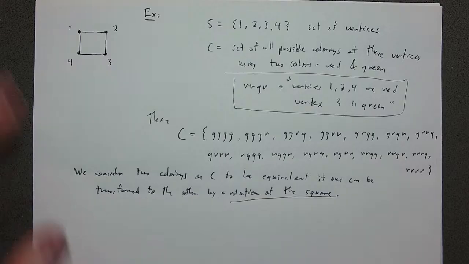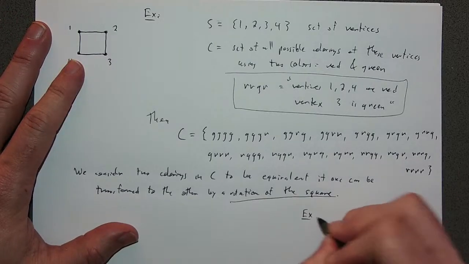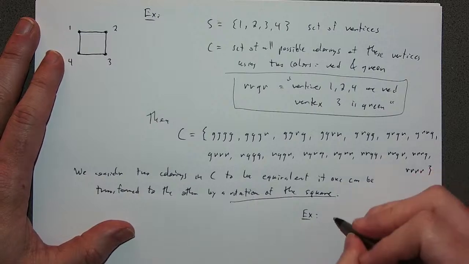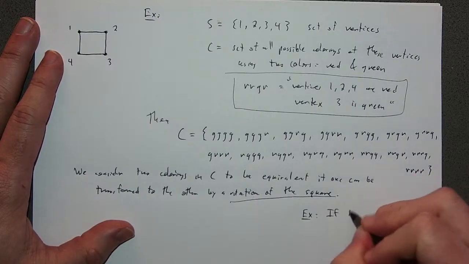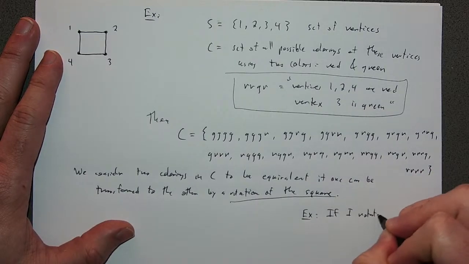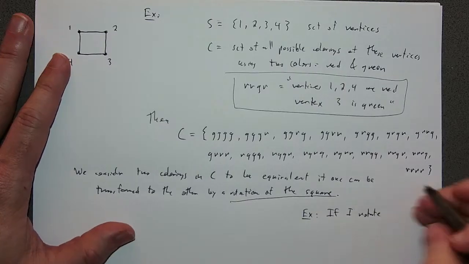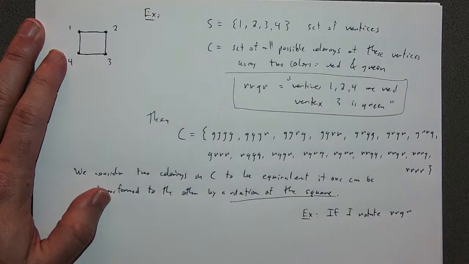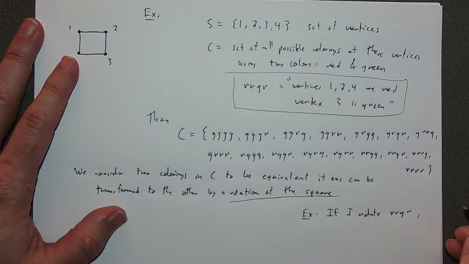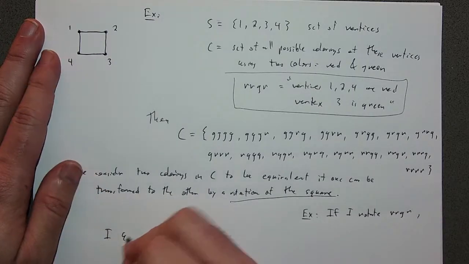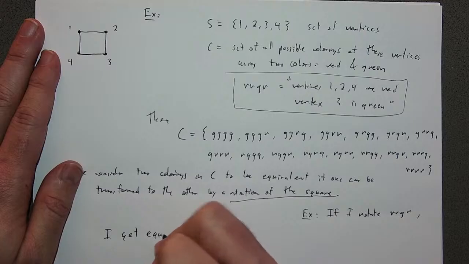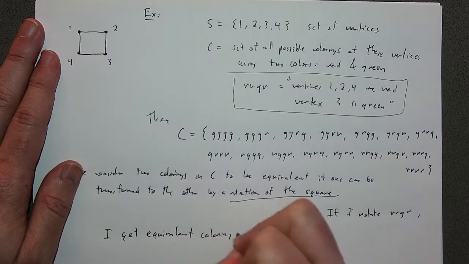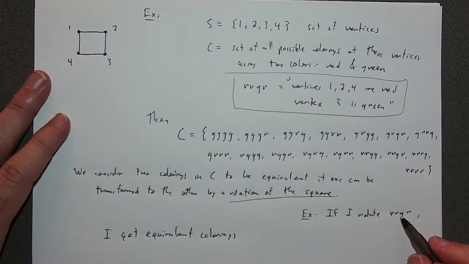So, for example, if I rotate the coloring red, red, green, red, I get equivalent colorings, which are, I mean, let's just do this one at a time, right?